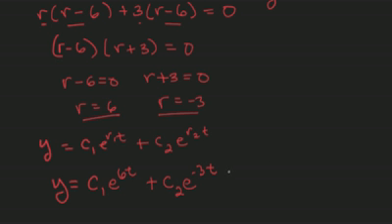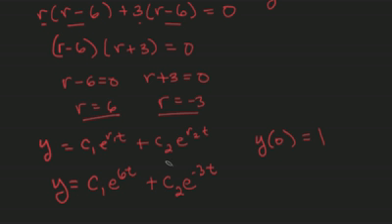Okay? So you could be given some initial conditions, something like y of 0 equals 1, and then you'd be given y prime information as well, because you'll have two unknowns here.